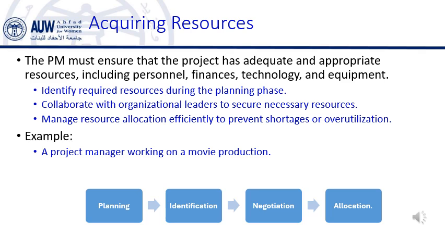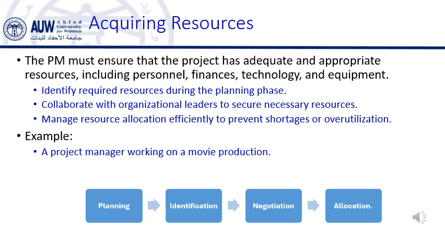The process of acquiring resources connects closely to several other topics we have covered and will cover in future lectures. For example, resource management. Earlier, we discussed how important it is to manage resources efficiently throughout the project. Acquiring resources is the first step, but once they are secured, the PM must continue to monitor and adjust their usage to avoid waste or shortages.